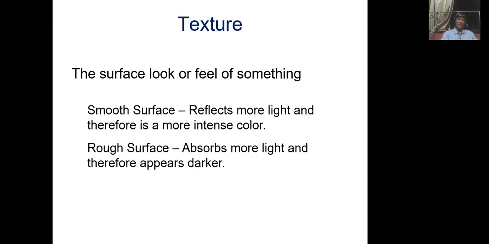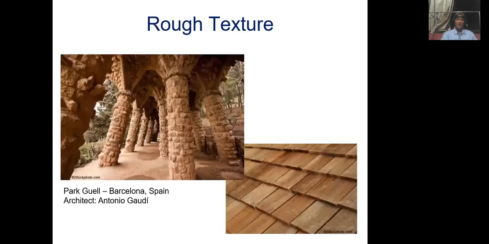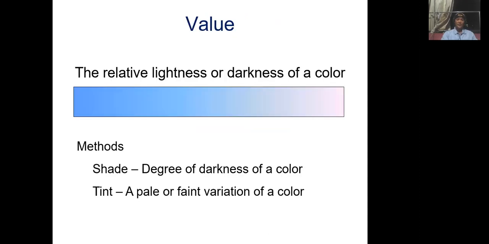Texture talks about the surface look or feel of something, a rough surface versus a smooth surface. Here, the rough texture. Value talks about the relative lightness or darkness of a color, from dark blue to the light color.